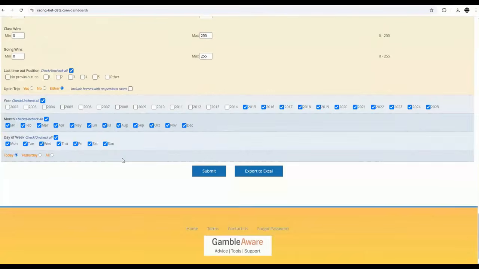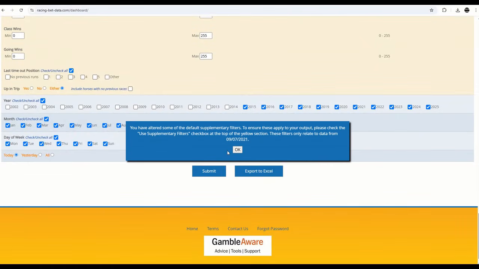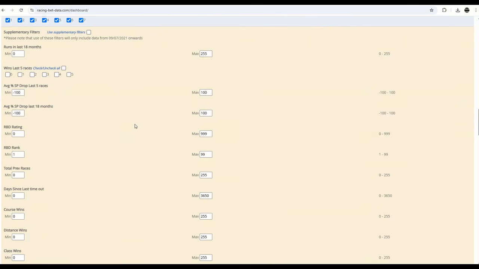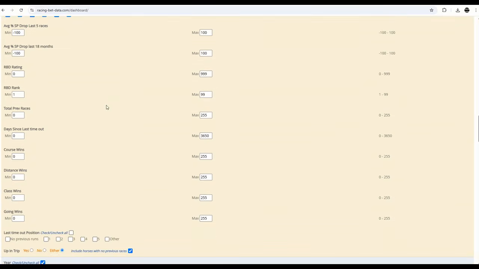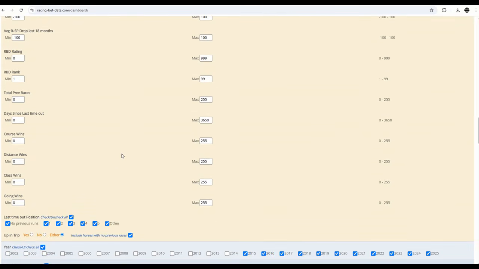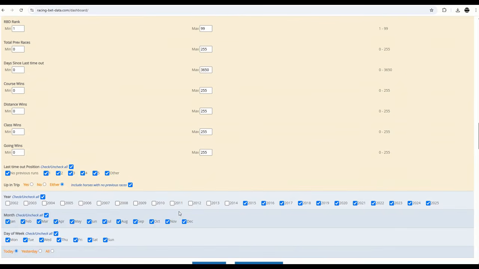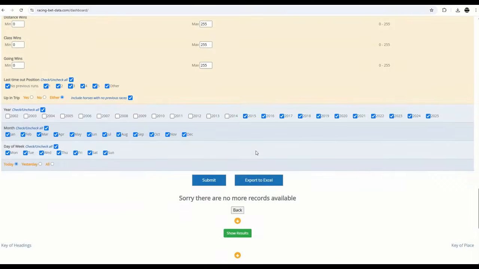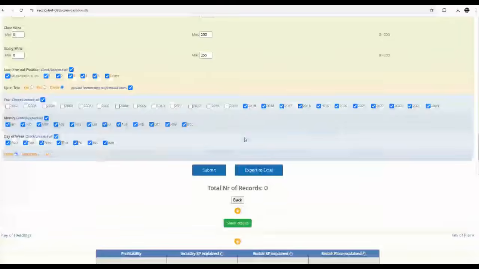Now, if I apply this, it's probably going to return nothing because I have entered the odds ranges for today, and those are unknown. I do just need to make sure I've ticked these. I'm going to change this in the save a selection, so these are automatically ticked by default. And then if I hit submit, yeah, you'll see there's no records available today.